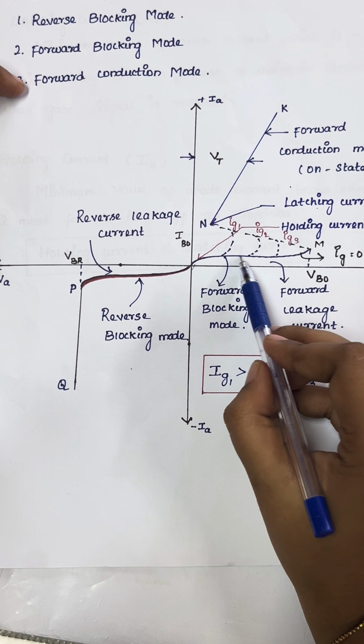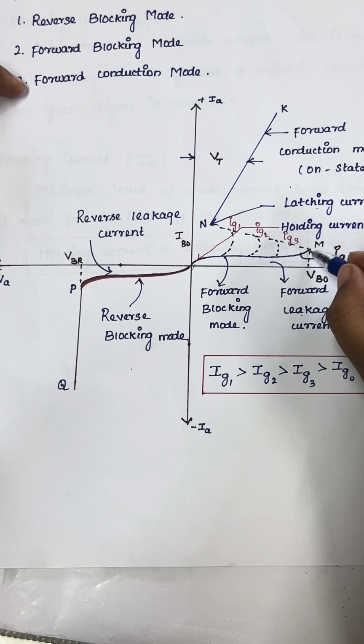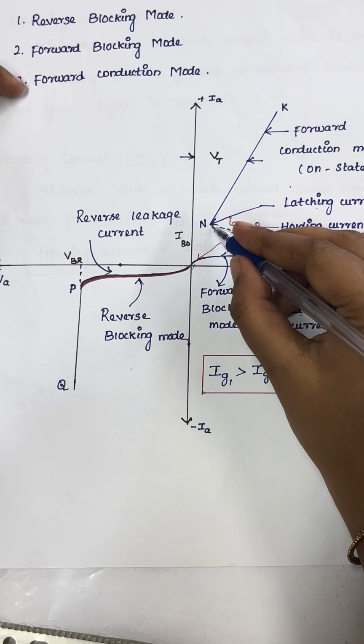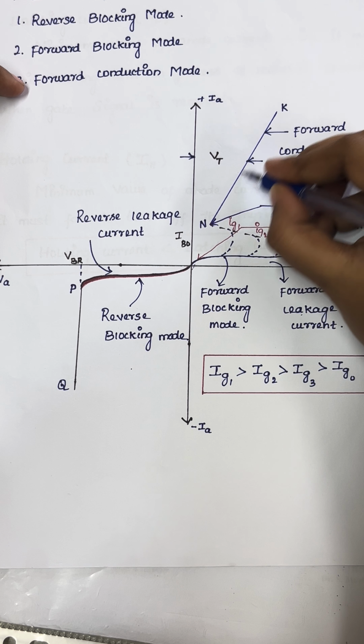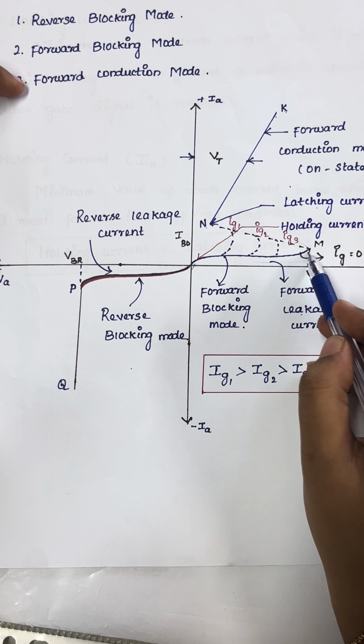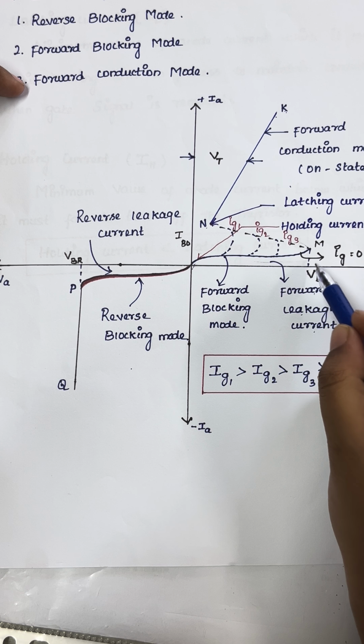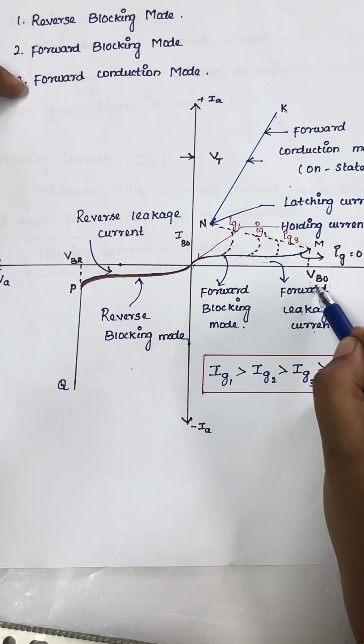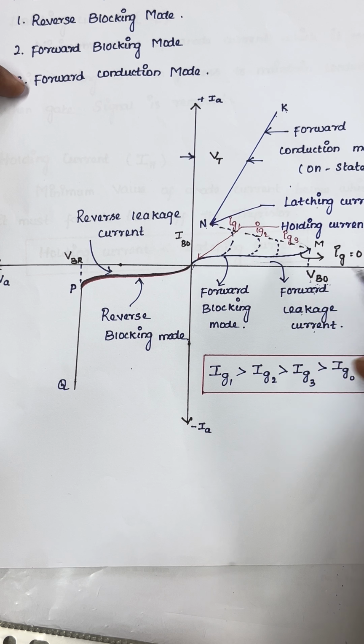When it attains the breakover voltage, there is a drop and then a sharp increase of current. That is shown here as N2K. The small current is the forward leakage current, and the breakover voltage is represented as VBO.